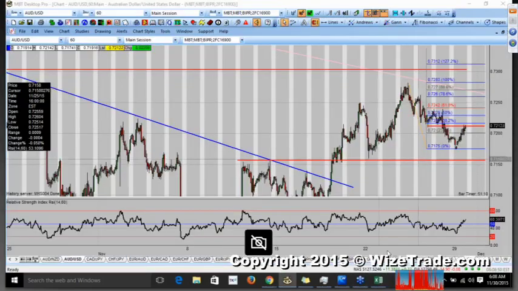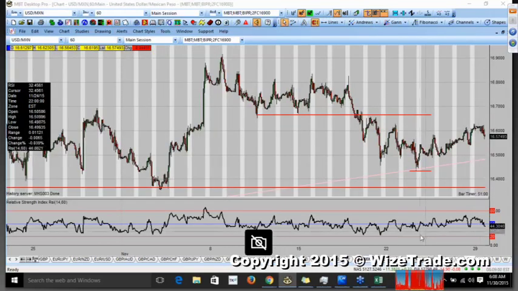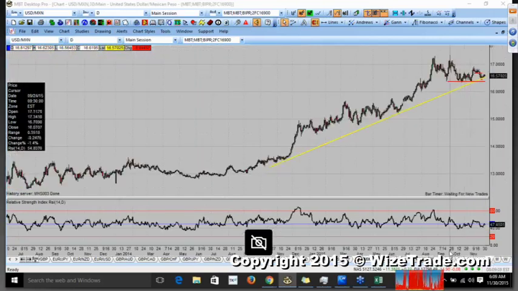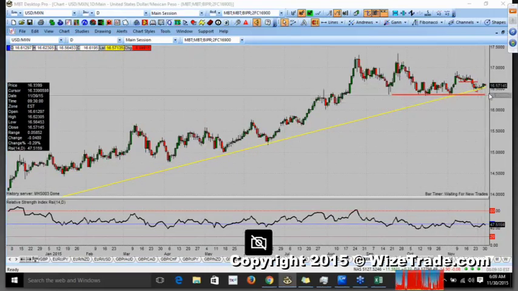All right, let's take a real quick look at the peso. The peso is still holding up really well. It's held up this trend line. We talked about this the other day.